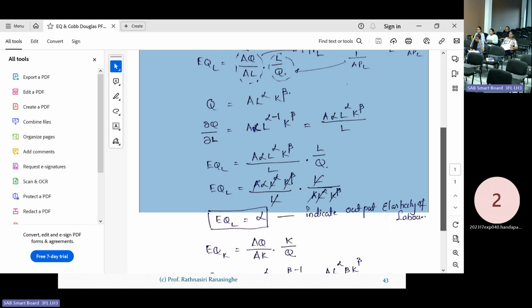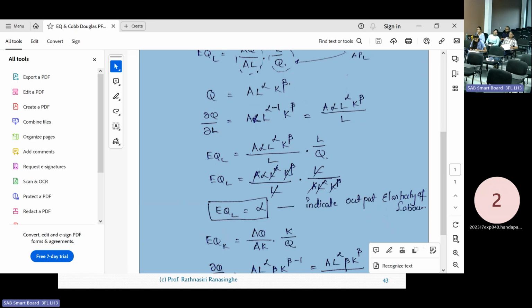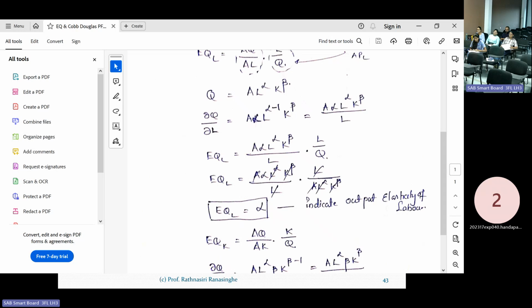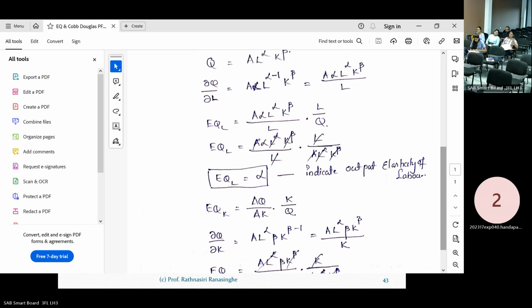Finally, alpha remains, because all the other things cancel out. So finally, the output elasticity of labor is alpha. That is the coefficient of labor.